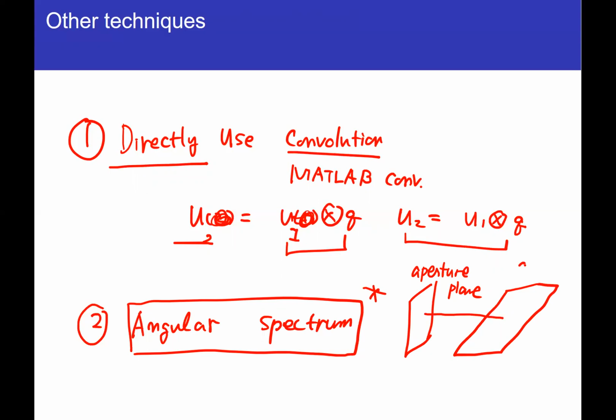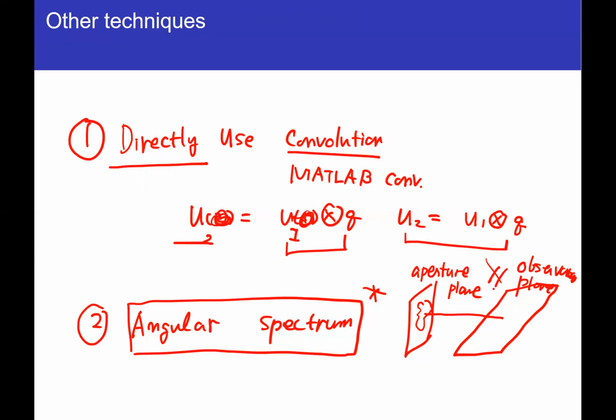Basically, the angular spectrum method is that you just decompose the light coming from the aperture as a kind of plane waves that are propagating in different directions.